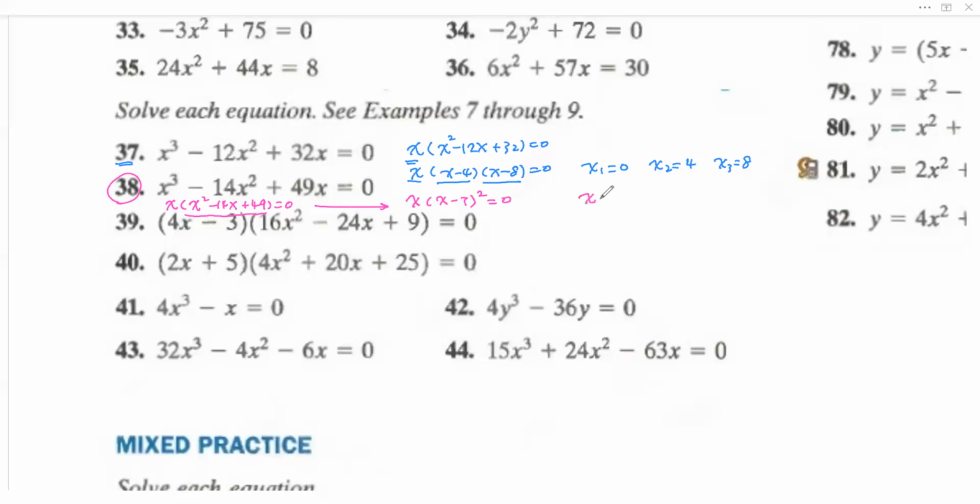So we get 3 solutions as well. One is 0, second is 7, the third one also 7. So this has 3 solutions. Keep this in mind, there are 3 solutions. It's not 2 solutions, right? Because there are 2 of them inside. That's why I say the second solution and the third solution are the same, but they have 3 solutions.